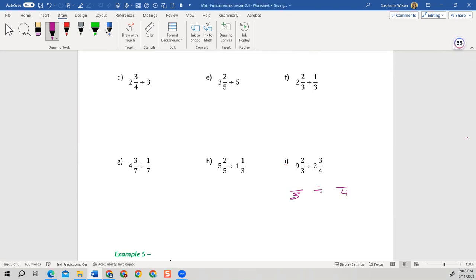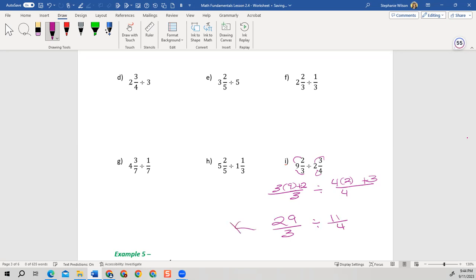So again, denominator times whole number plus the numerator. So 3 times 9 is 27 plus 2 is 29 over 3, divided by 4 times 2 is 8 plus 3 is 11 over 4.